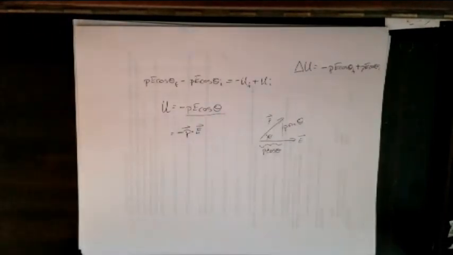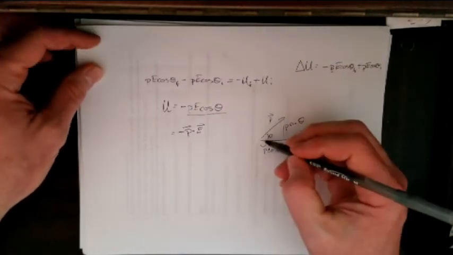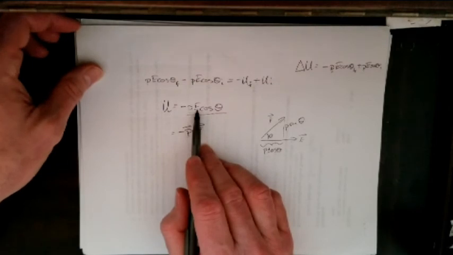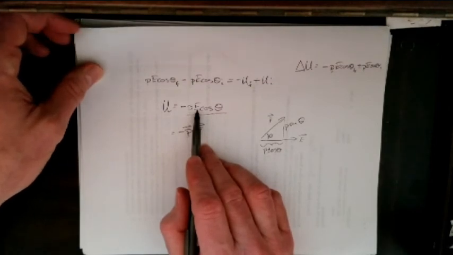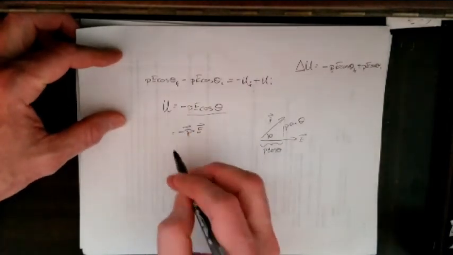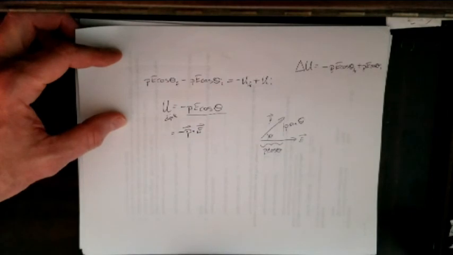In essence, I can make zero anywhere I want it to be. Traditionally, zero happens when the electric dipole moment is perpendicular to the electric field, but it doesn't have to be. But that's the formula for the energy stored within a dipole. And don't forget, there are all sorts of different potential energy formulas, and this is just yet one more.